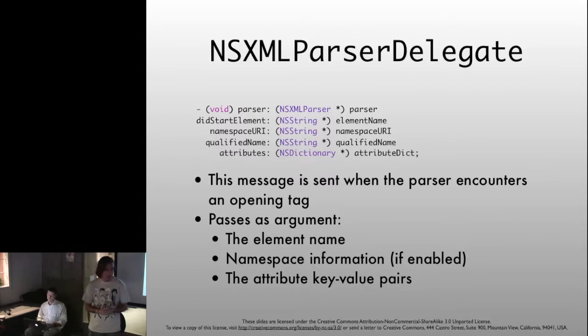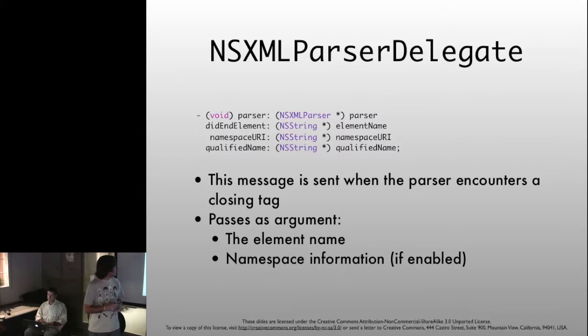It's some formatting thing in XML as far as I'm aware, just to specify the namespaces, I think, but I don't know XML well enough to know. And then if that opening tag has any additional attributes, any values associated inside of the tag, those get passed in as a dictionary of attributes in key-value pairs.